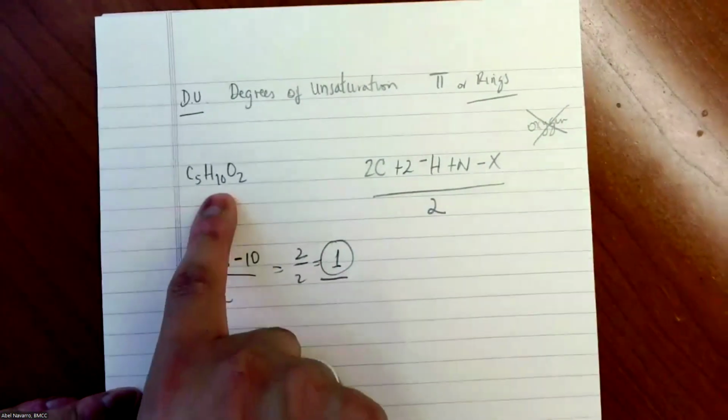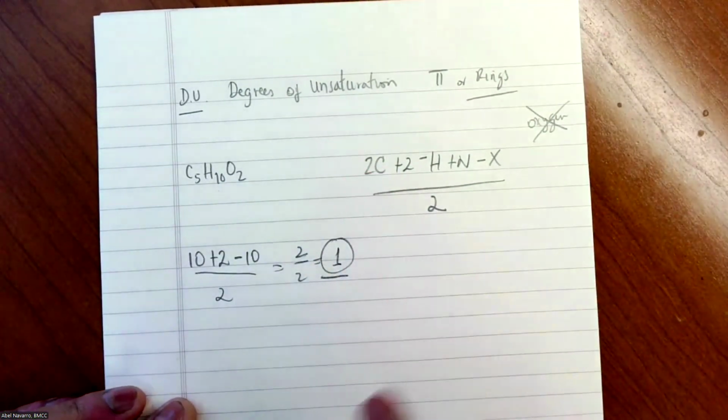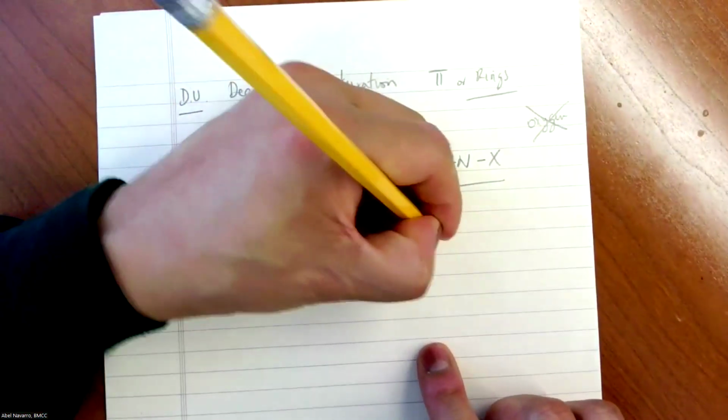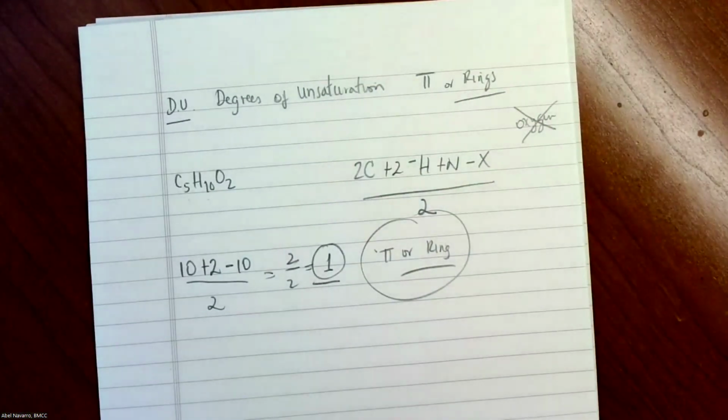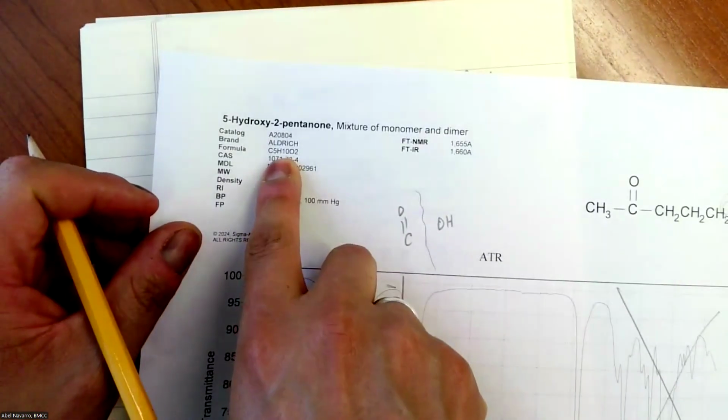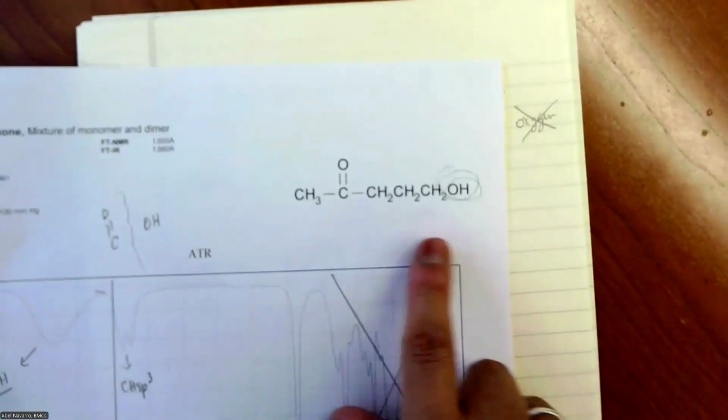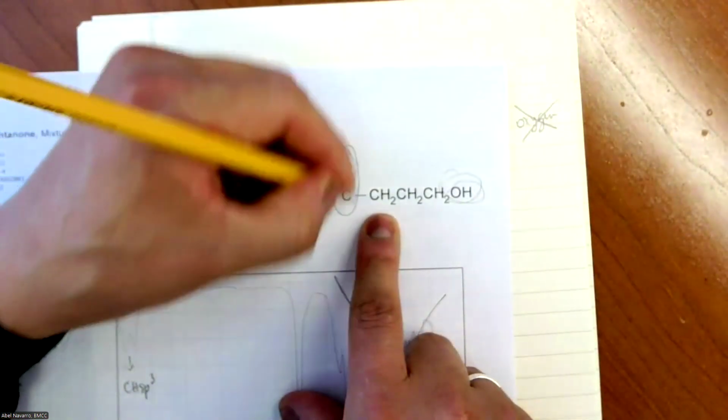That means this compound has one pi bond or one ring. That's very important. Who is that compound? C5H10O2. Does it have one pi bond? Yes, it has a pi bond.